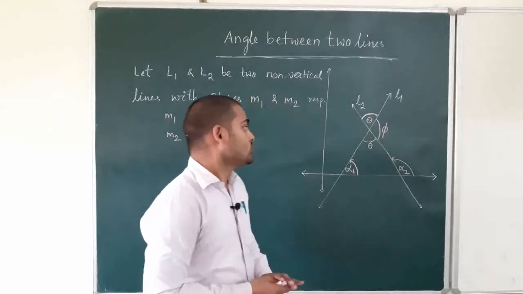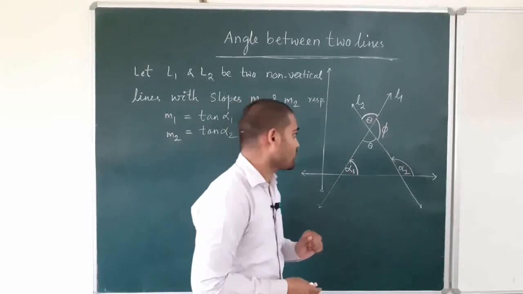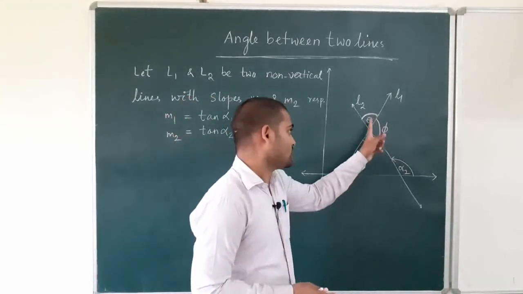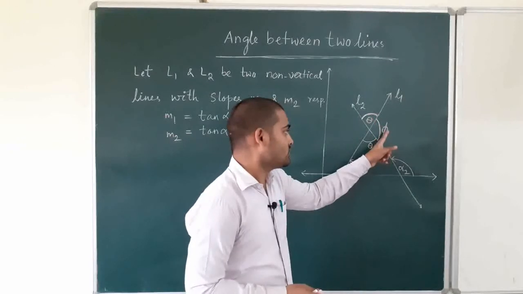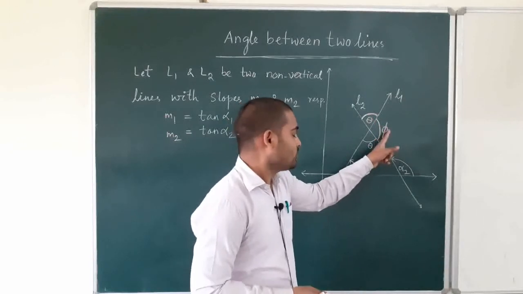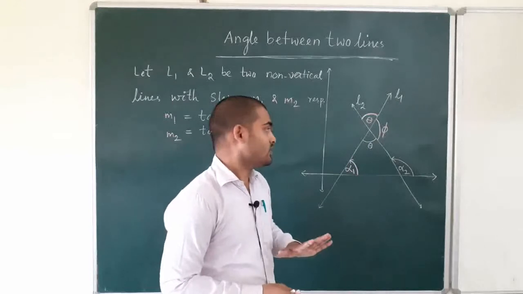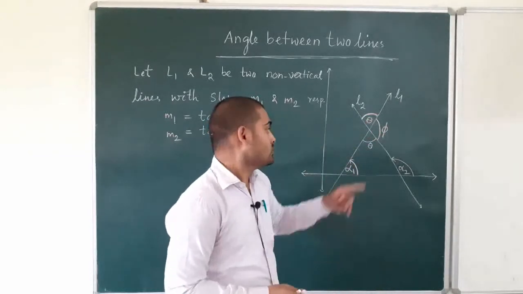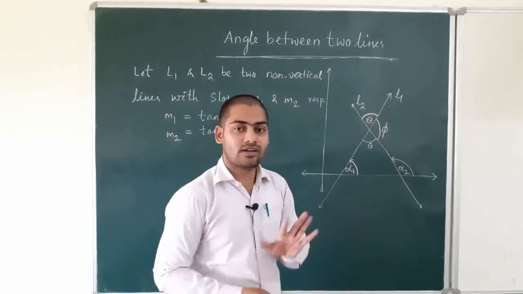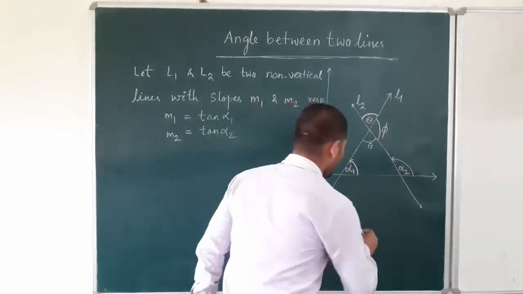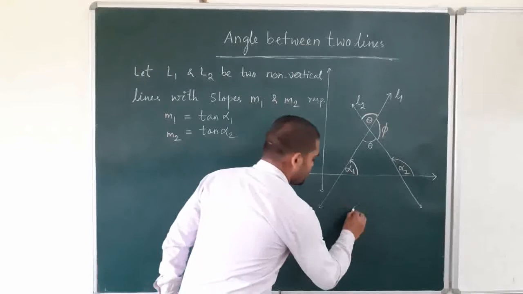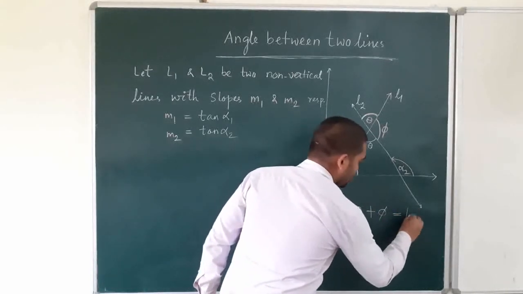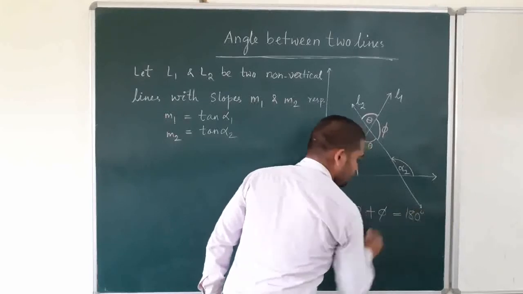So here you see two angles we are getting: one is theta, another is phi. As theta and phi are a linear pair, we can write theta plus phi is equal to 180 degrees.